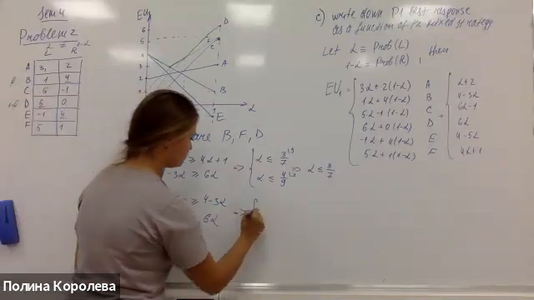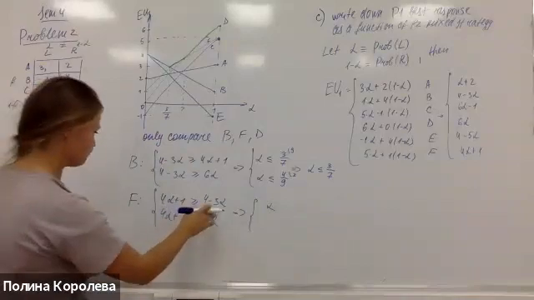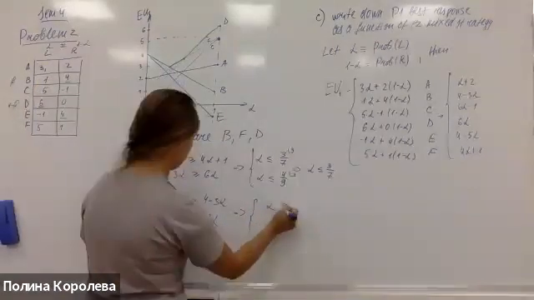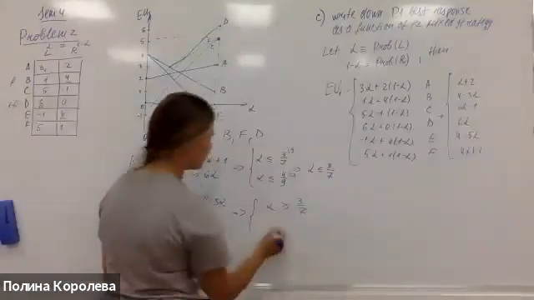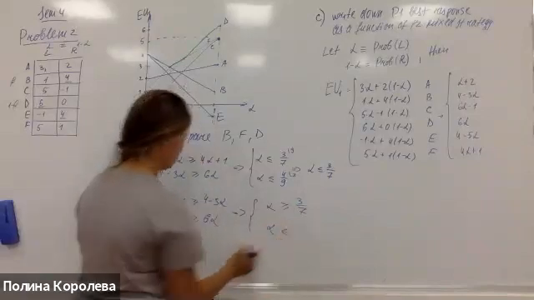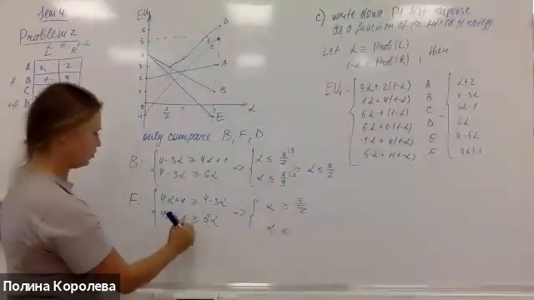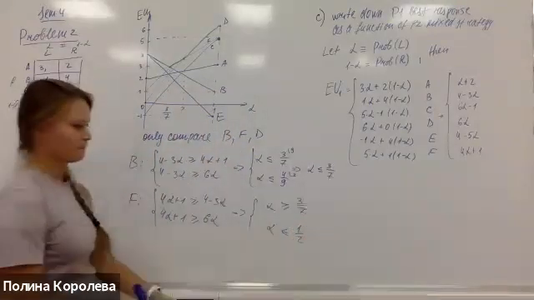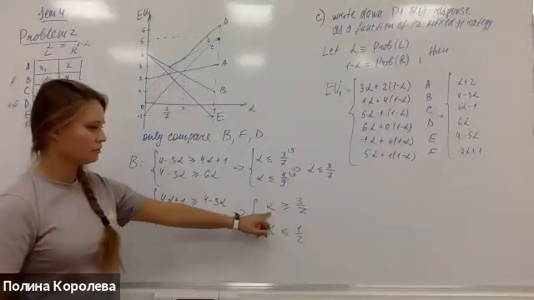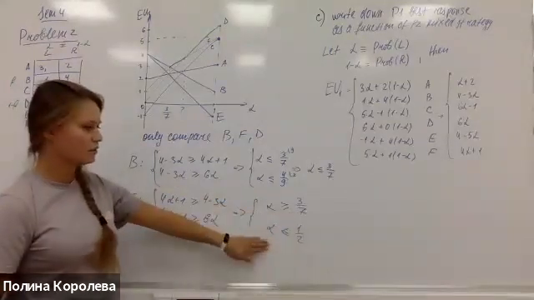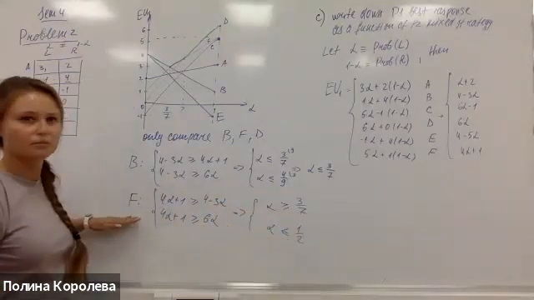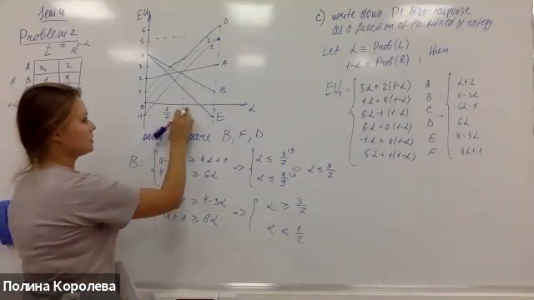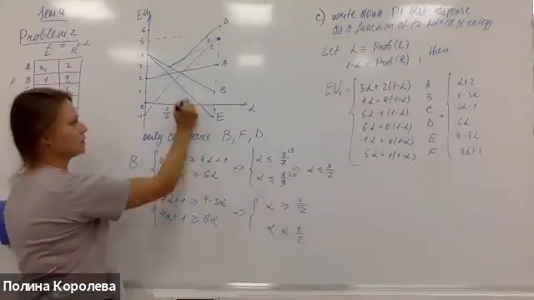So from here, alpha should be greater or equal than 3 divided by 7, and alpha should be less or equal than how much? 1 divided by 2, 1/2. So if alpha is not so small and not so big, we will choose F. And you see that this here is 1/2.